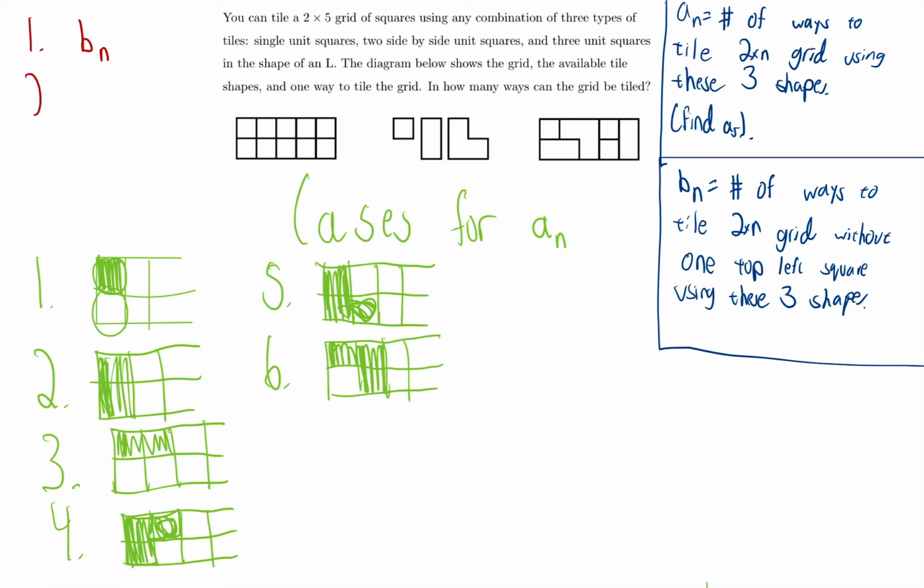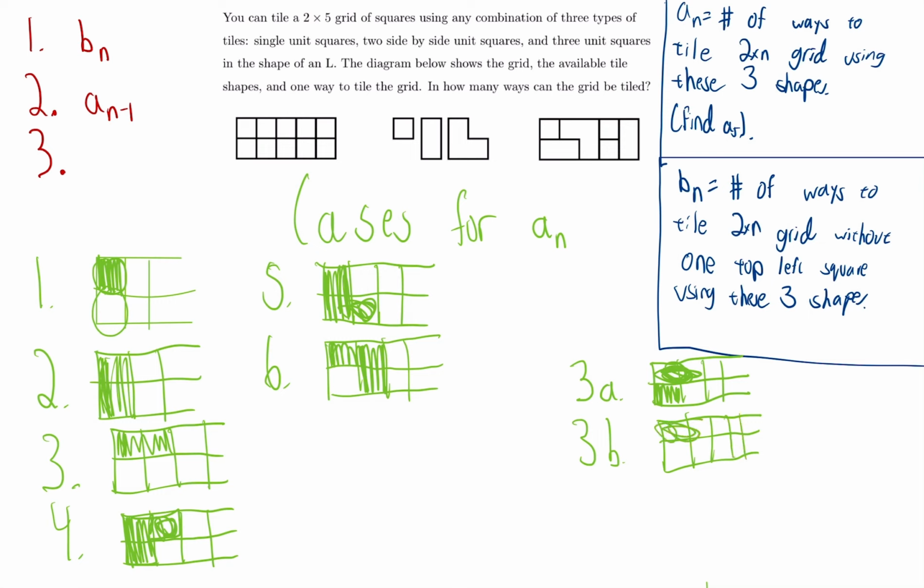Okay. Now let's go to 2. That's also pretty simple. It's basically just A of n minus 1 ways to tile the remaining. For case 3, it's a special one where we have to split this up into more subcases. We can define 3A to be when it's like that, and there's a unit square there, and 3B is when it's like that.